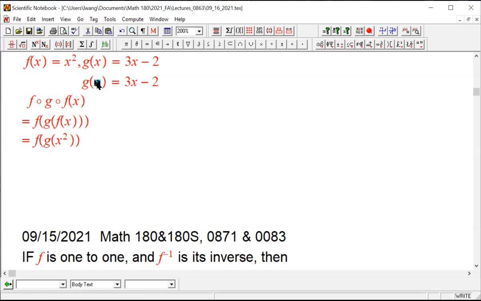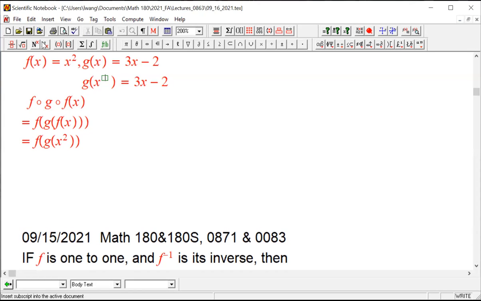When the place of x is replaced by x squared, the x will be replaced by x squared. You see how that is done? g of x is such. When the input is replaced by x squared, all the inputs at the same place are replaced by the same input. So this x is really a placeholder.